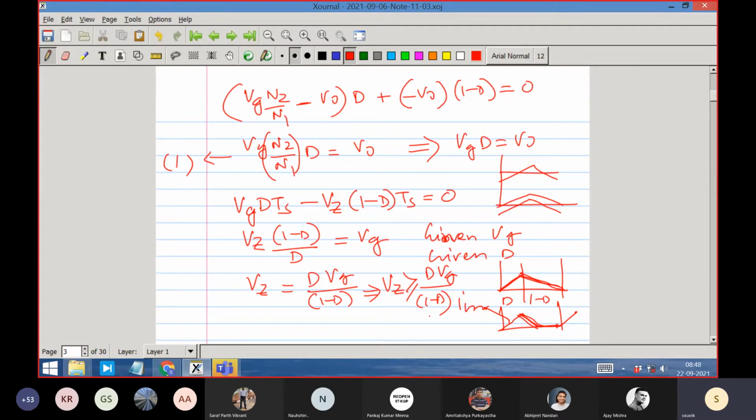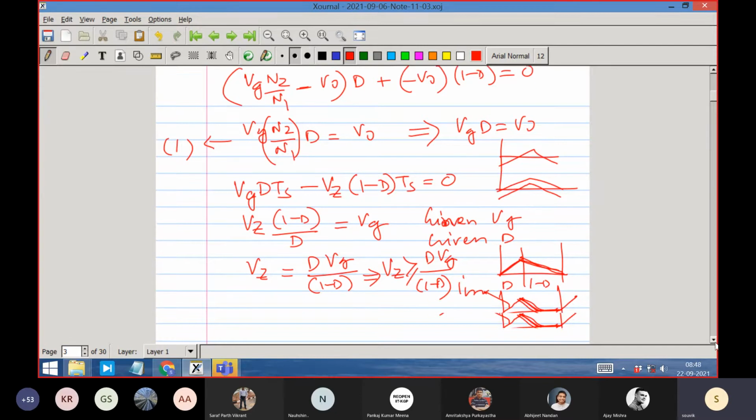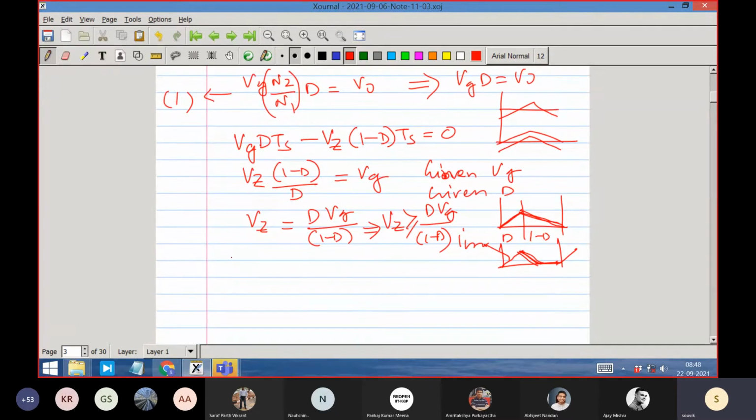Suppose I have chosen, let me take an example. Greater than or equal to is for continuous mode, right? No, for discontinuous. If Vz is greater, then it comes down to 0 quickly.